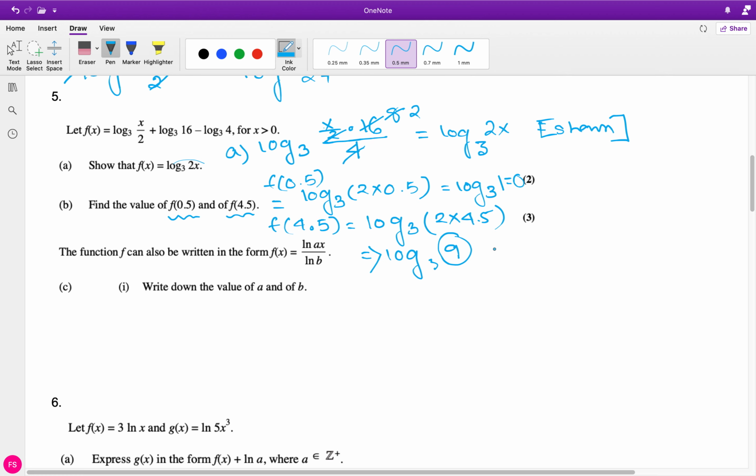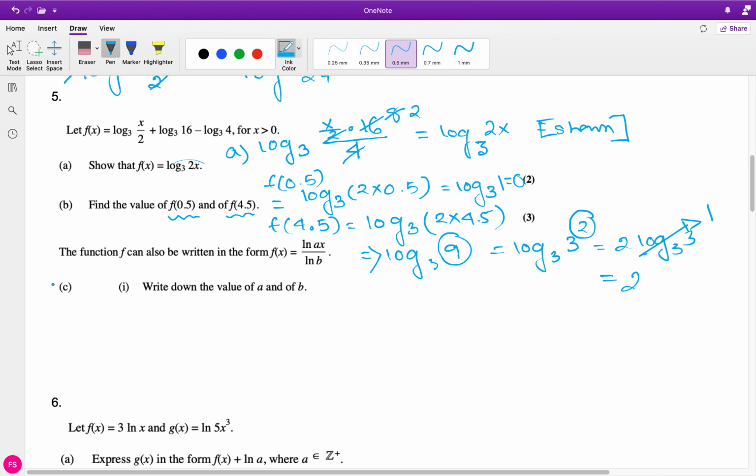So this equals to log of 3 to the power of 2, and the power moves to the front. So I will have 2 log of 3. Whenever you have the same base with the same number, you can cancel it out and just write 1. This equals to 2. I made it a little bit messy, so I hope you understand what I was trying to say.